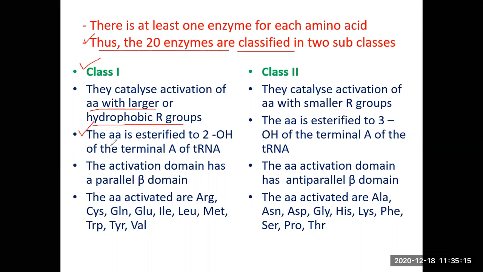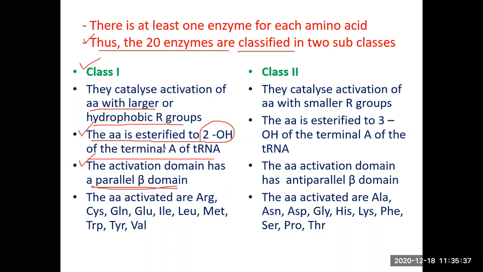Another important thing is that the amino acid is esterified to carbon number 2: class 1 enzymes esterify the amino acid at carbon number 2 of the terminal A of tRNA. The activation domain of the enzyme has a parallel beta domain. This is a structural difference between the 2 classes of enzymes.